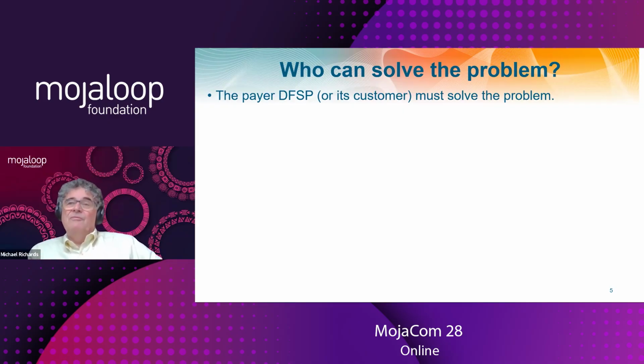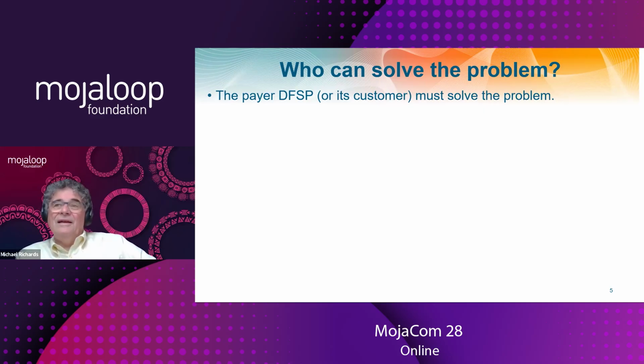It solves the problem where we have one customer with multiple accounts, because they can then say, well, I'm the person who should decide where that money should be going. But it doesn't offer anything as a solution to the problem. What happens where we have multiple identifiers at multiple DFSPs and they refer to different entities? I'm going to call that for short the merchant ID problem.